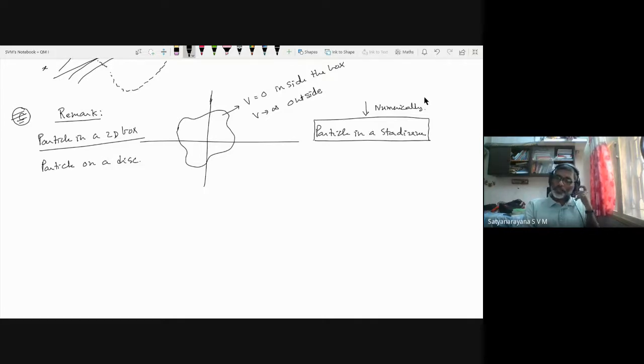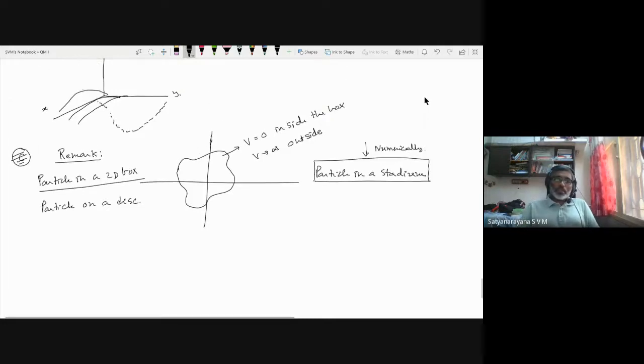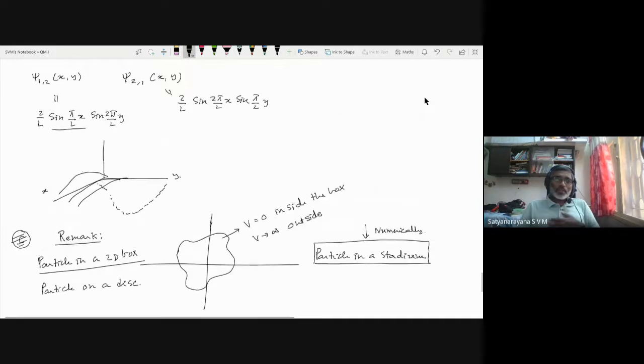For example, this particle in a stadium is related to some features that people study in what is called quantum chaos. This is just to give you a pointer that some numerical work along these lines is very interesting, and is almost at the research frontier level.